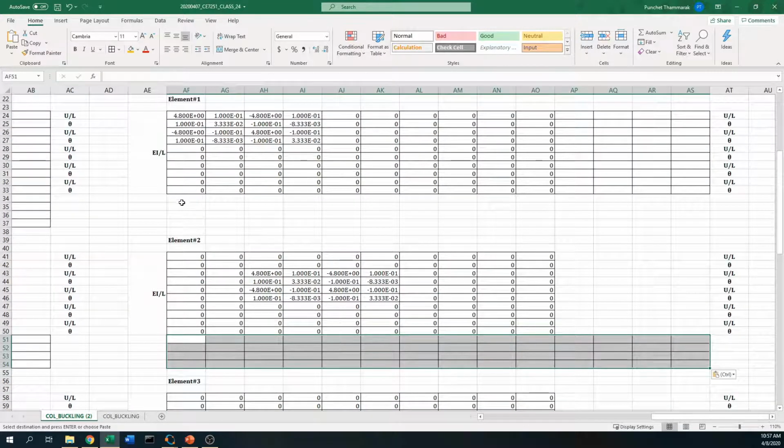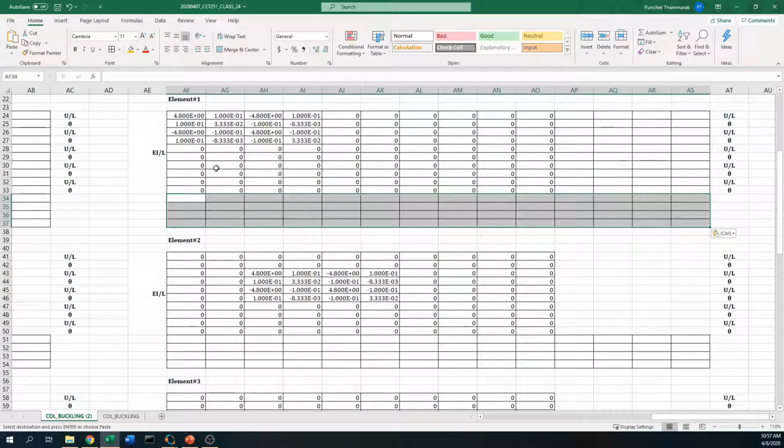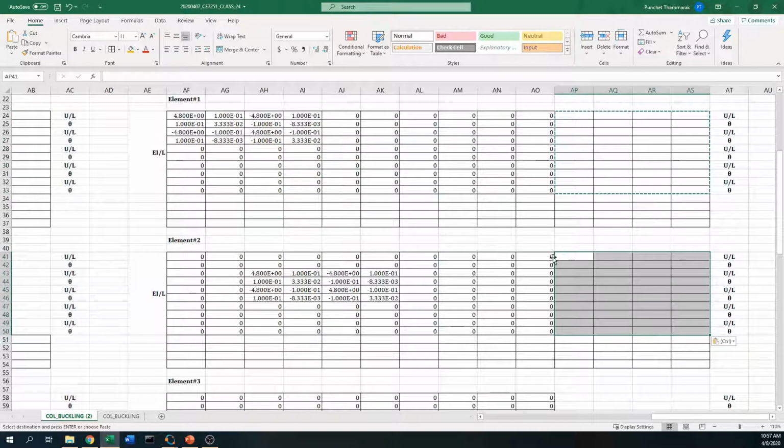Life is going on and calculation is going on. It's too much for a computer to handle. Oh no, it was supposed to be a file.